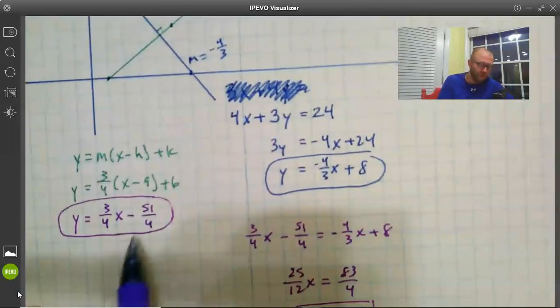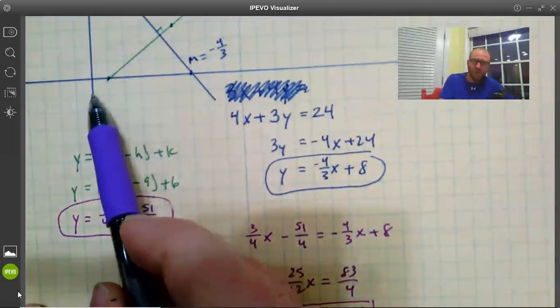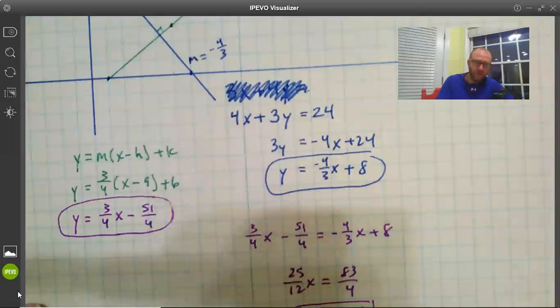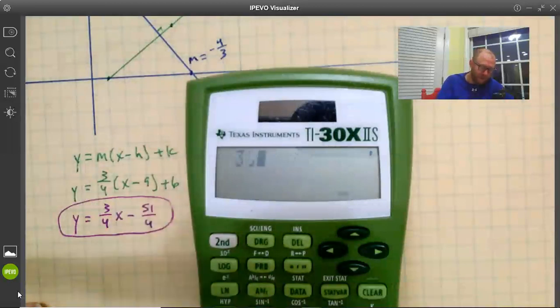Oh, now I found it. See over here, negative 51/4. That's a number that's a little bit bigger than 12 for the y-intercept for this line, which is clearly going to cross somewhere right around here. Something's wrong with that number right there. So I'll go back and redo this calculation. 3/4 times negative 9.